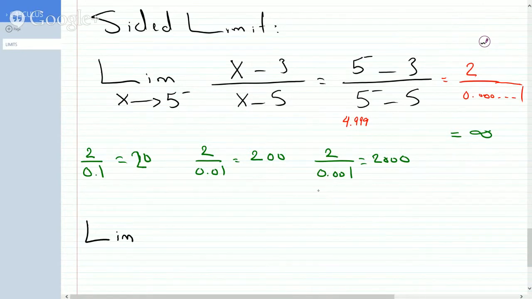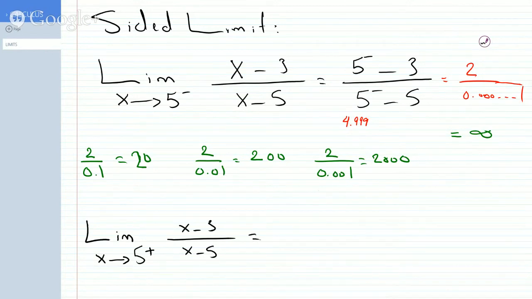Yeah, it gets hot. So x goes to 5 plus. So we get the function x minus 3 over x minus 5. 5 plus is a little bit past 5, a hair away from 5, bigger than 5.